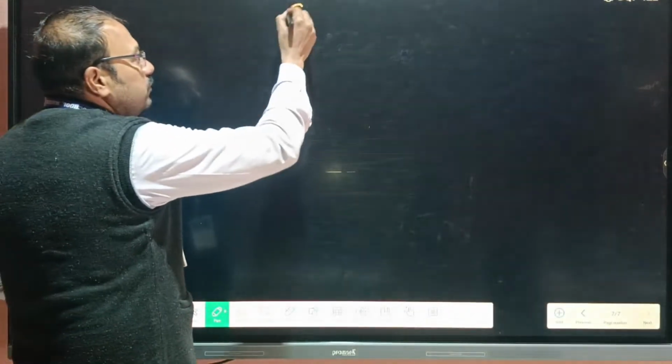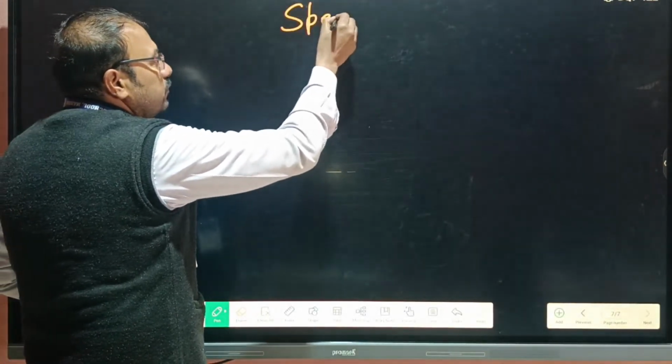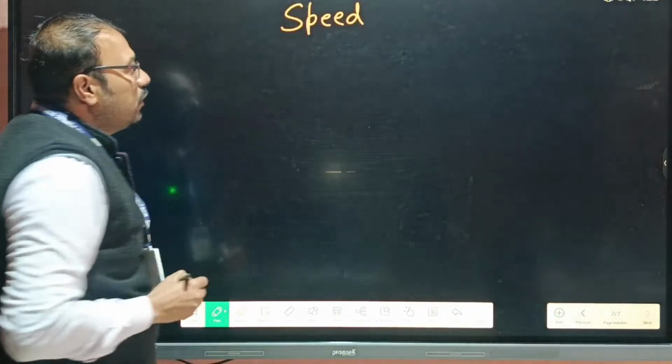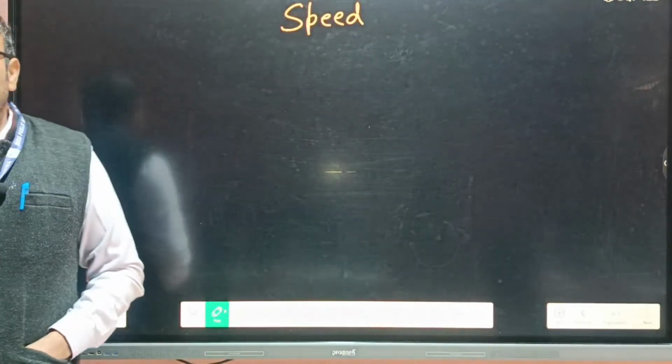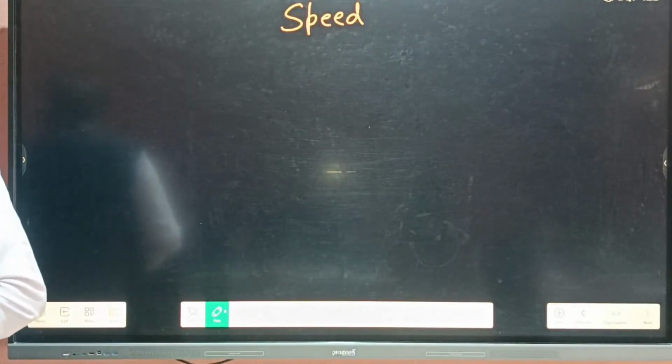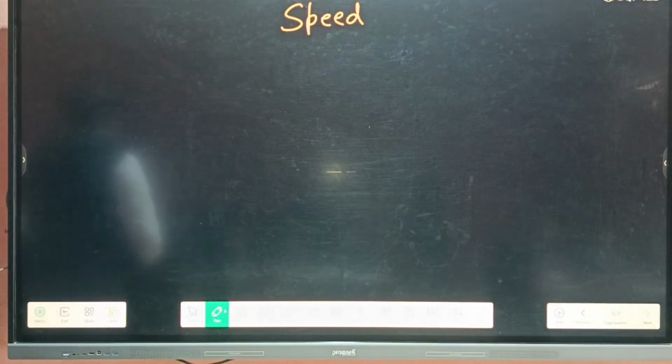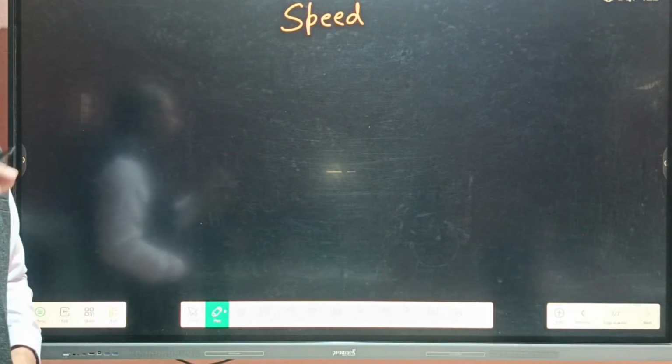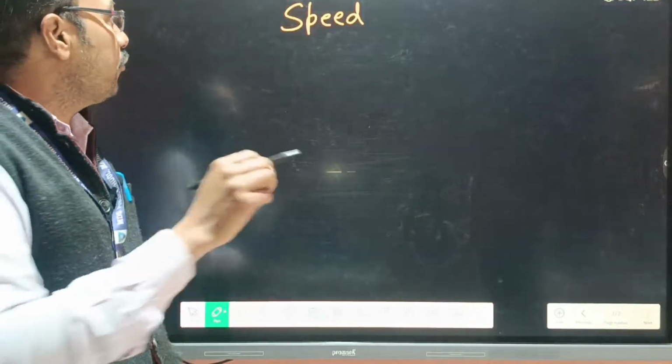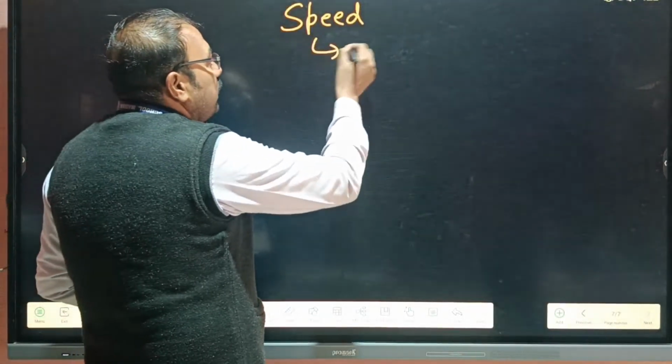So next topic, what is speed? Speed is basically how much distance you covered in a particular time. So you can write the definition.